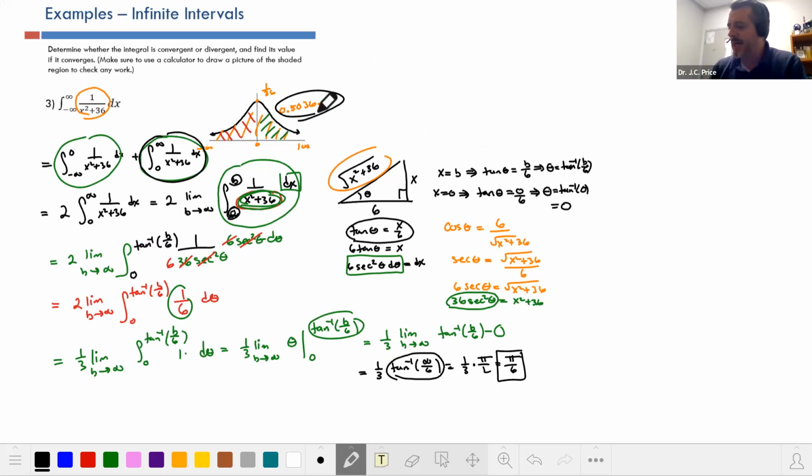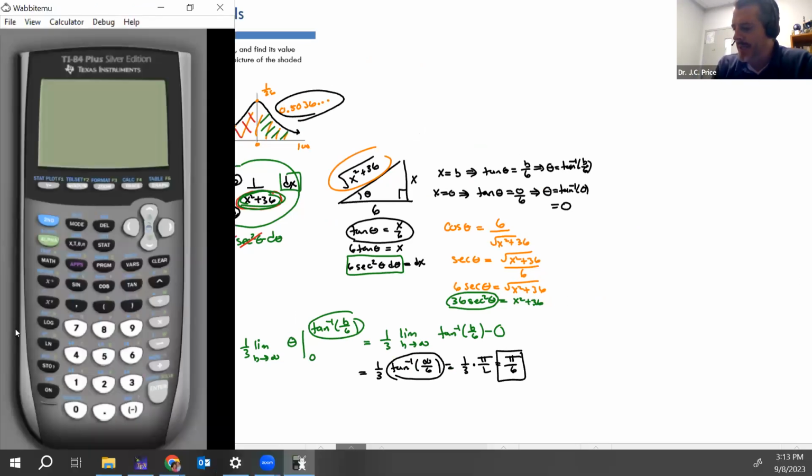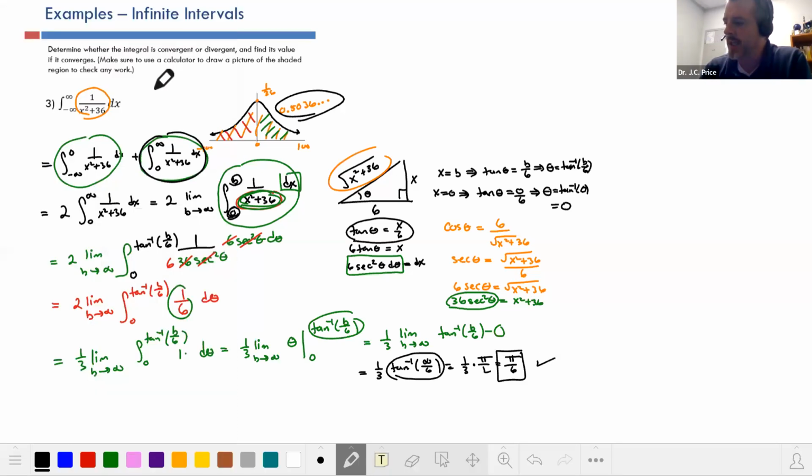And my question is, is pi over 6 kind of close to that? So let's check it out. On my calculator, I'm going to hit second pi divided by 6 and see what I get. That's pretty close, right? 0.5235, so that's good evidence. So I think it's good to go. So again, this integral also converges.